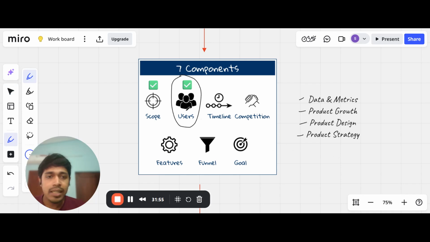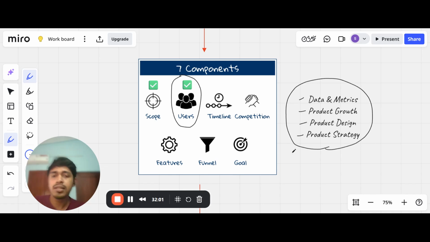After covering these components, we'll be discussing the 4 types of product cases. 90% of the time, these are the 4 types they'll ask a beginner level PM. There are some behavioral questions or leadership questions, but usually they ask those only for senior roles.